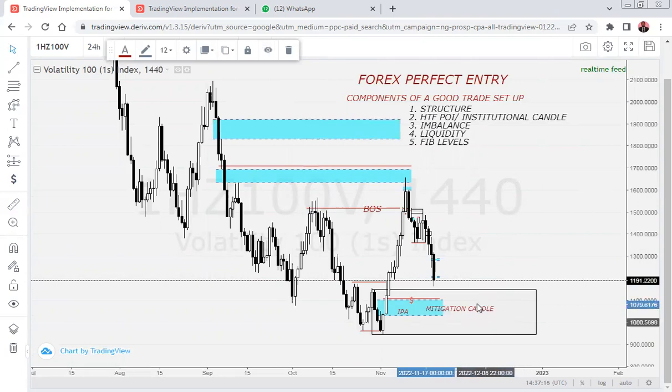Gives us that break, 1, 2, 3, 4. If you sweep internal liquidity, give us a break, and then we can just go. Once liquidity is swept, it will give us a break of structure. Then internal liquidity will still be cleared, and then price comes back to the point of interest to retest, and then we move on. The same principle is what will still happen in this place.